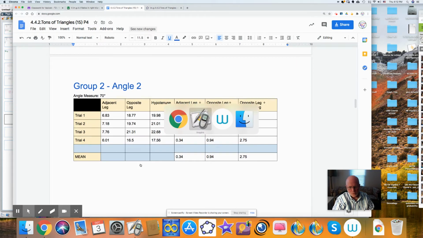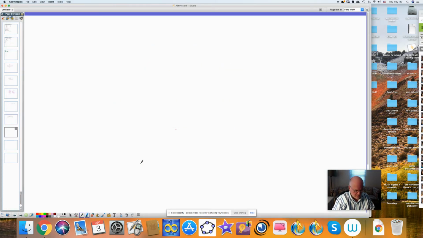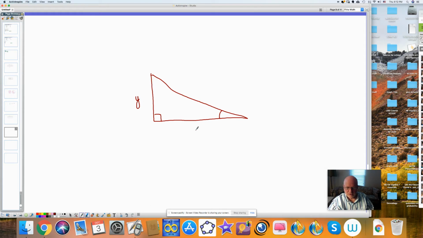Why is that? Well, if I have a right triangle, and from this angle, the opposite divided by the adjacent, for this angle, angle 1, is going to be x over y.